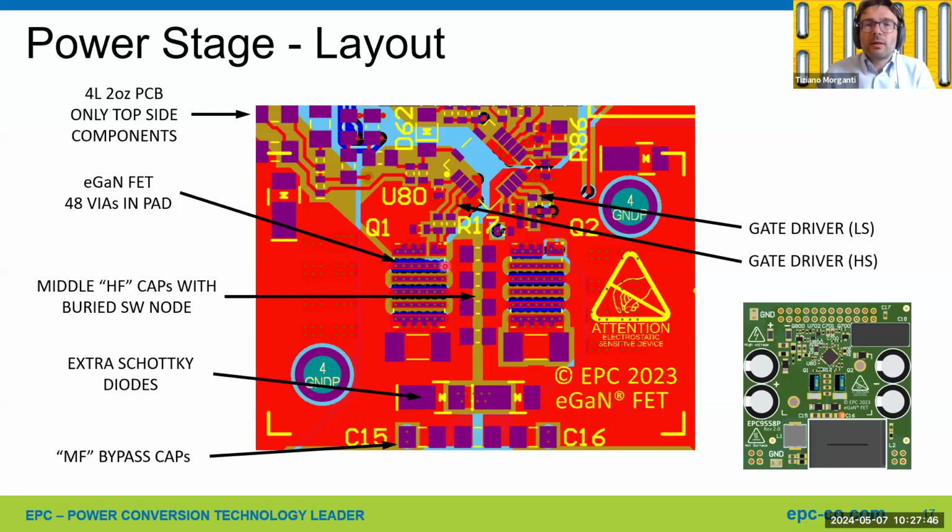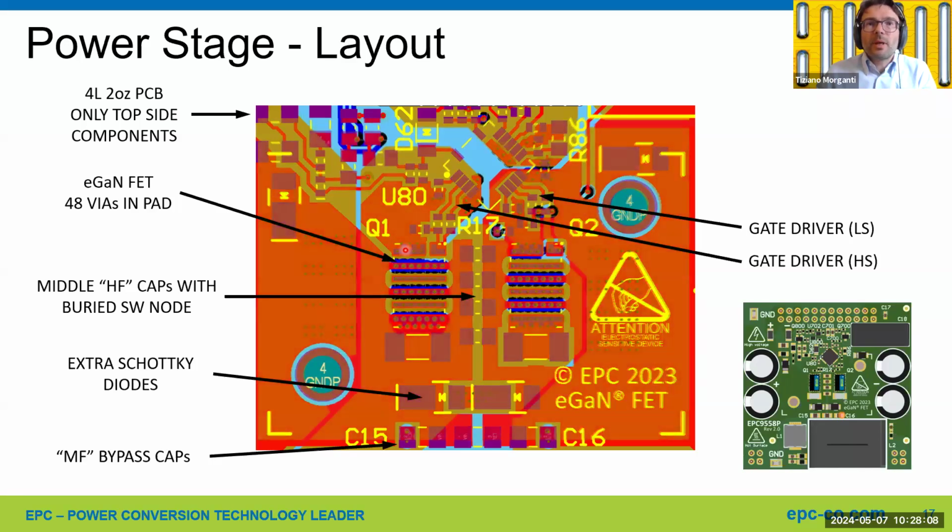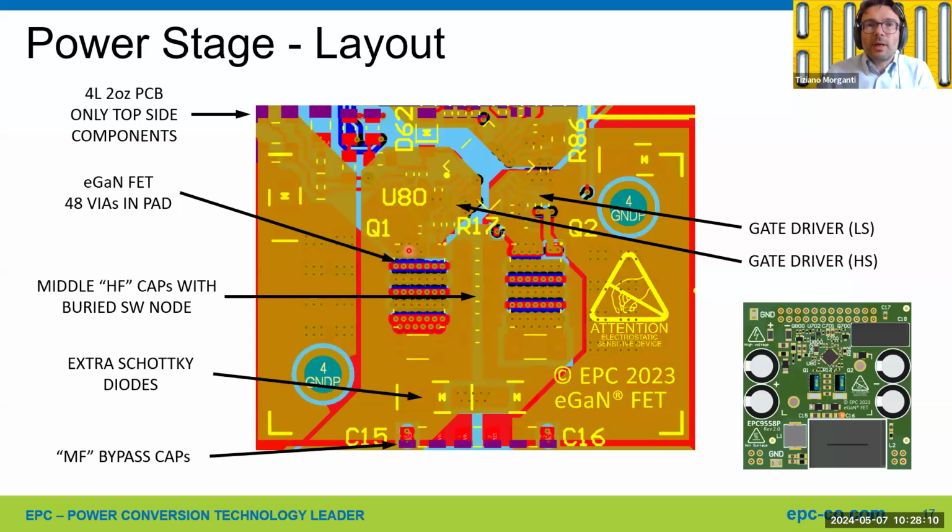So we can go through the layout and start from the positive terminal of the power supply. From the high frequency capacitors, we go to the drain of the high side FET, then to the source of the high side FET, we go to the first inner layer, we have the switching node connected to the source of the high side FET. The switching node is going back to the drain of the low side FET.